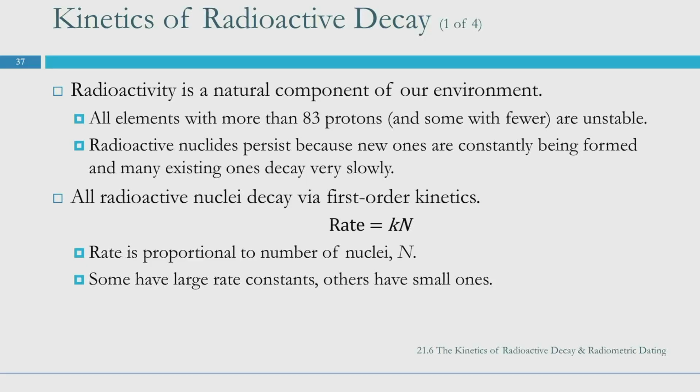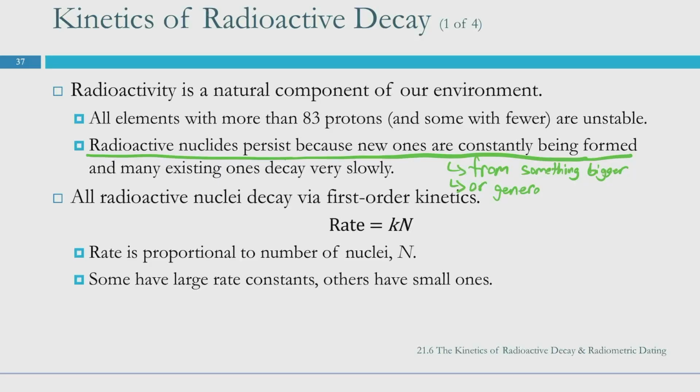Radioactive nuclides persist in the environment because new ones are constantly being formed, either from the decay of something else that's really long-lived, or from something bigger, or generated in the atmosphere, for example, or elsewhere.